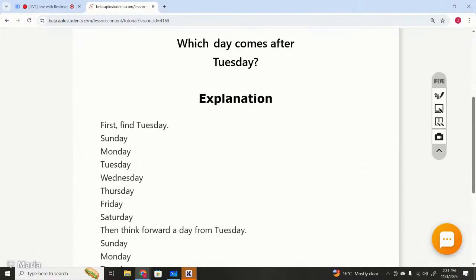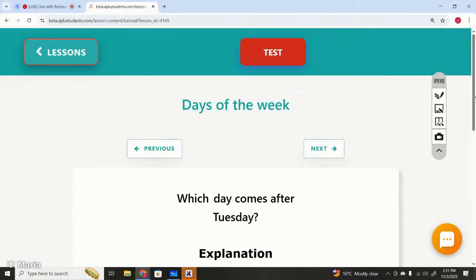Which day comes after Tuesday? So after Tuesday it is Wednesday. Let's just start with the test questions.